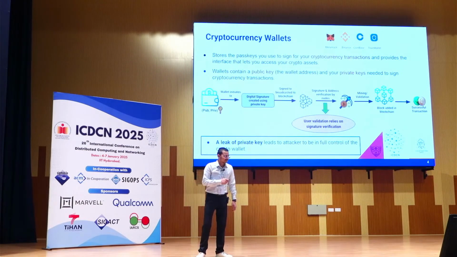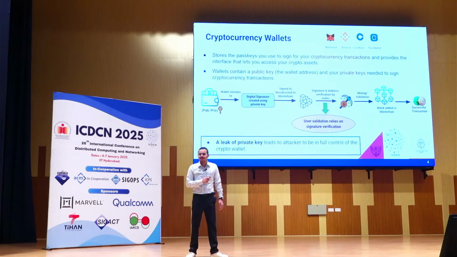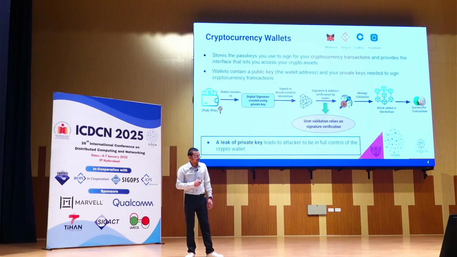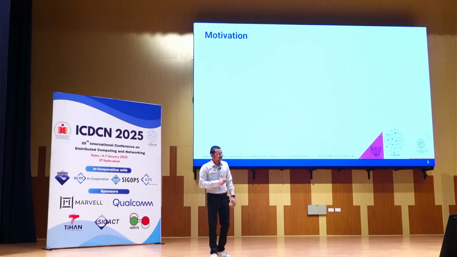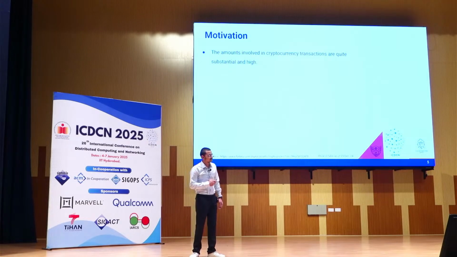And since the private key is the only factor used for this signature, a leak of the private key, because of weak passwords or malware, can put the attacker in full control of the crypto wallet.